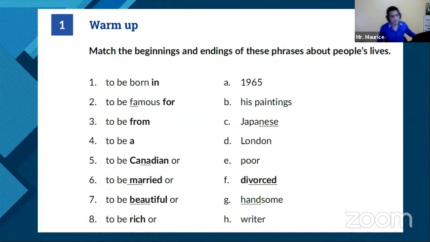Y la verdad es un poco desmotivante porque esta actividad y las actividades anteriores no deben demorar tanto. Esta es una actividad del verbo to be, no debe demorar más allá de 2 minutos. Y hay actividades que nos demoramos mucho, 3, 4 minutos. Okay.